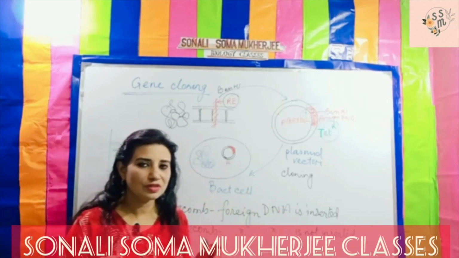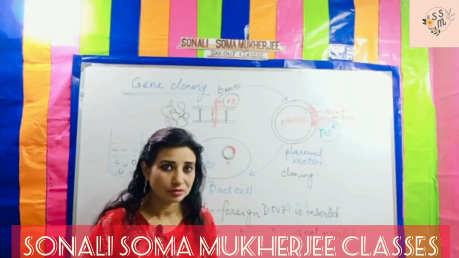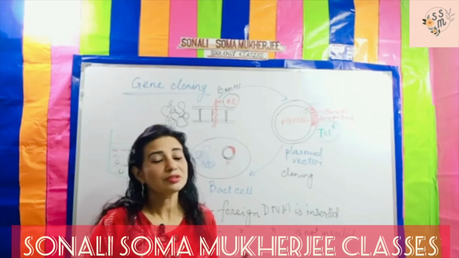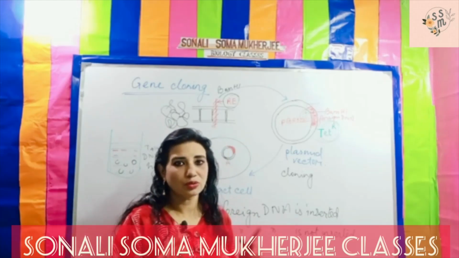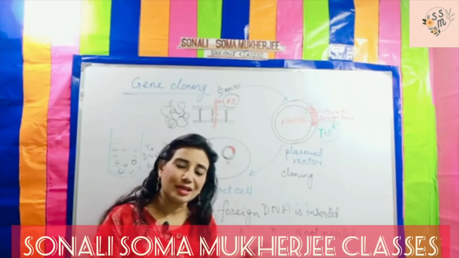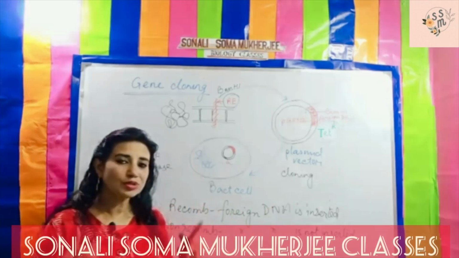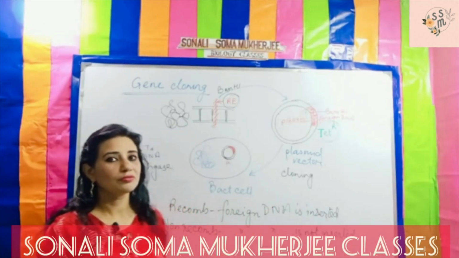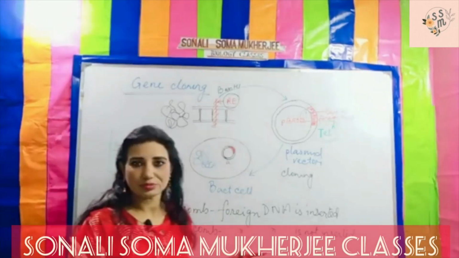We know that we have inserted it, but whether they have taken it up or not while culturing, that is a big confusion, and we do not want a confusion. Cloning is a tedious, time consuming, expensive process, so we cannot run the risk. We need to be clear on whether it has the recombinant DNA in it or not.